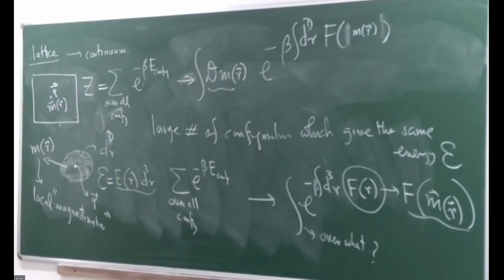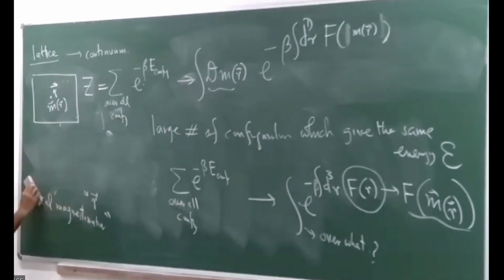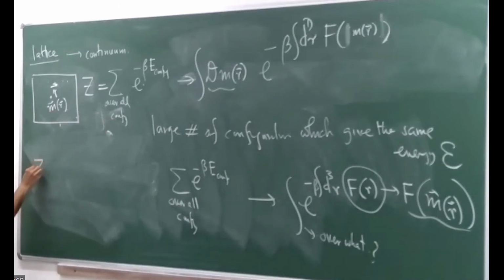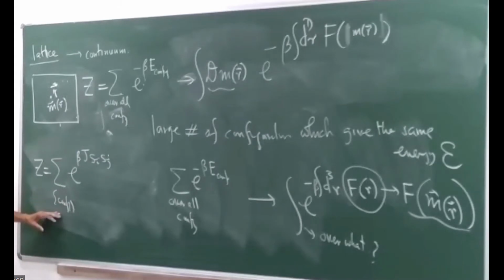So a few days ago, what was for us a partition function was calculated, let's say for an Ising model, as a sum over all configurations of e to the power beta J s_i s_j. It can really be s_i vector, s_j vector. So for this Ising model, this is what we needed to calculate.